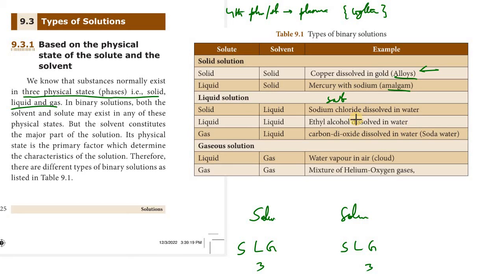What do you think if you dissolve milk in water or ink in water? Will you get a solution? Actually, it's not a solution. It's a heterogeneous mixture, and we will talk about it later on. Next, gas in liquid, say carbon dioxide dissolved in water, soda water.